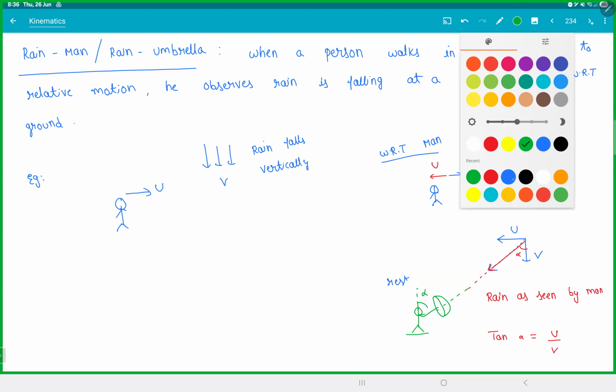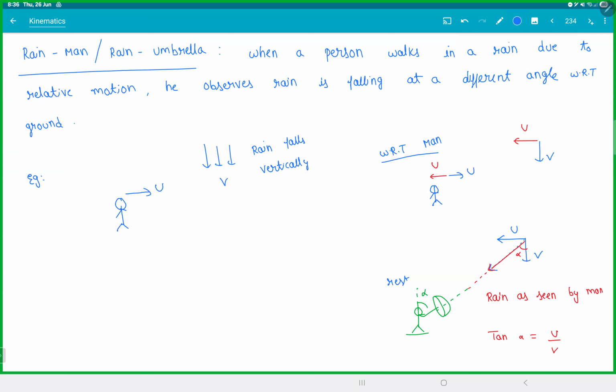If you ask this man with what speed the rain is falling, he will say the rain is falling with a speed, he won't think the speed is v anymore.